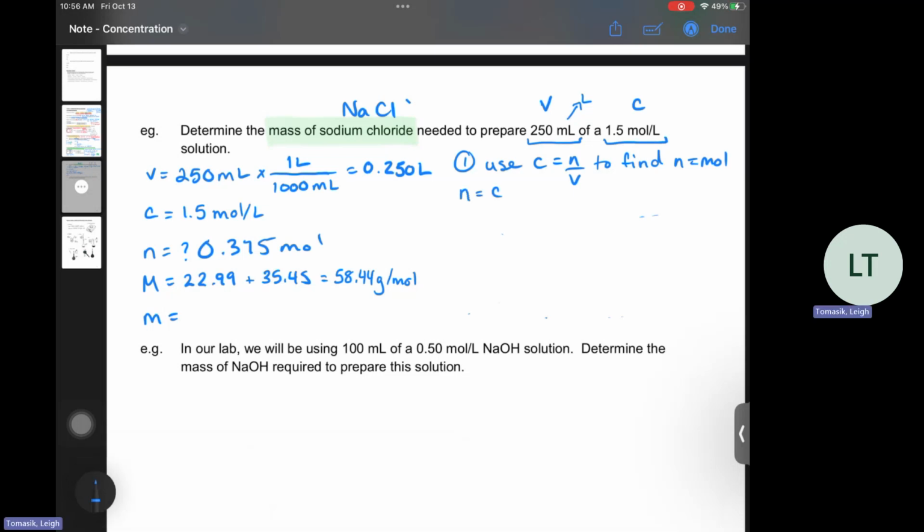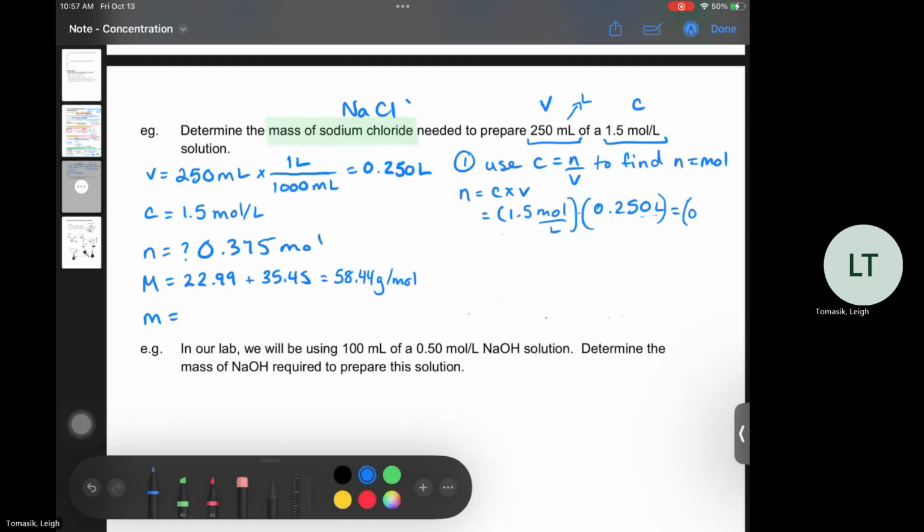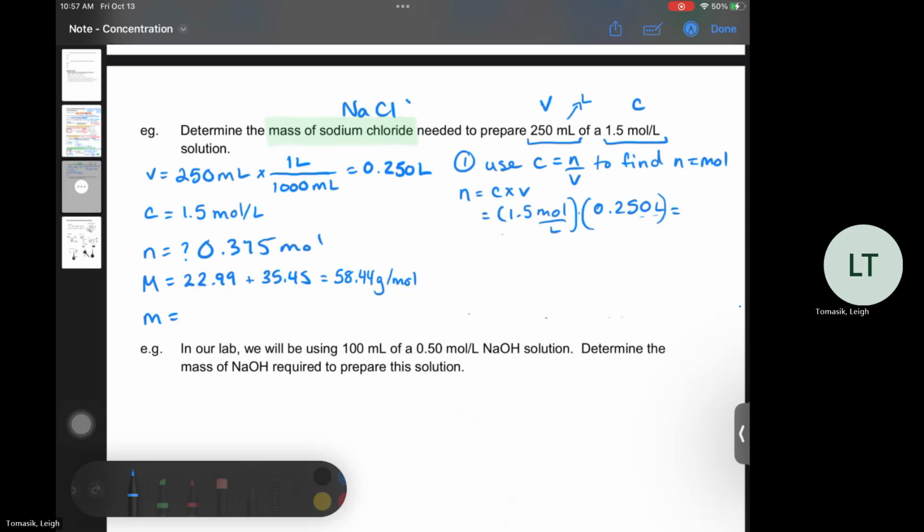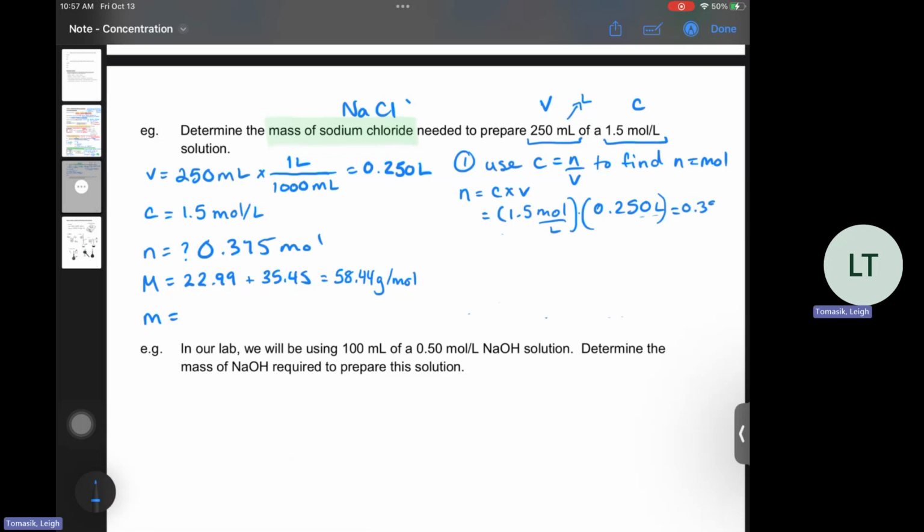n equals C times V equals 1.5 moles per liter times 0.250 liters equals 0.375 moles.